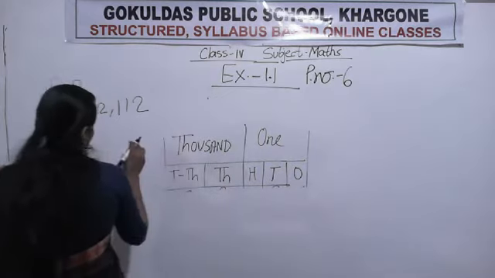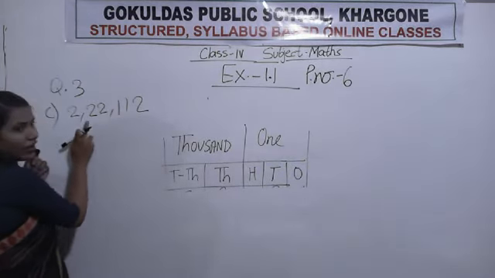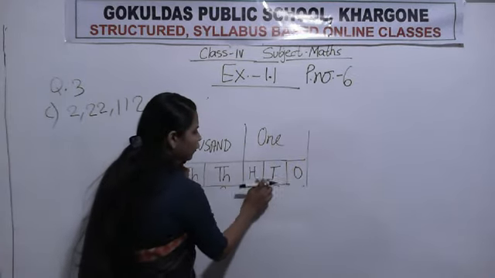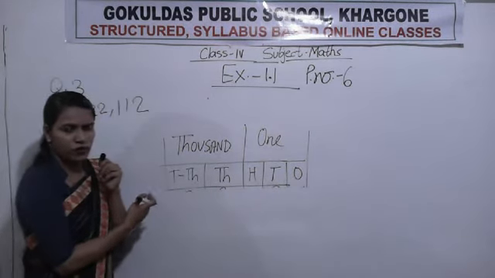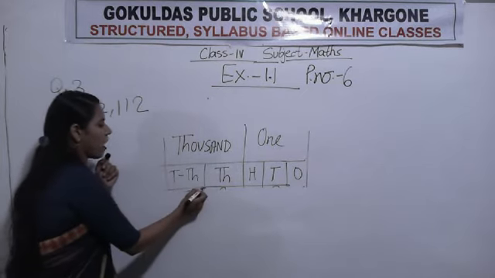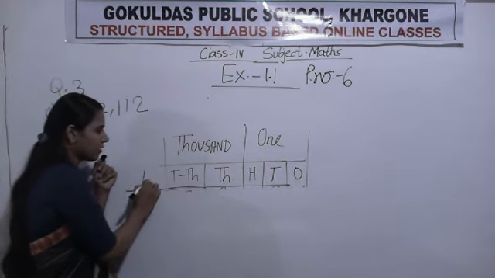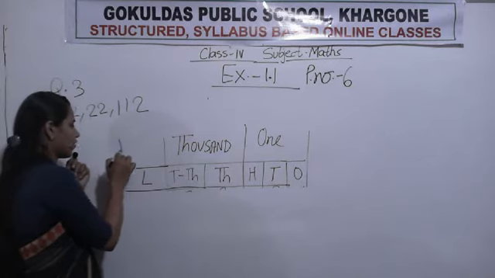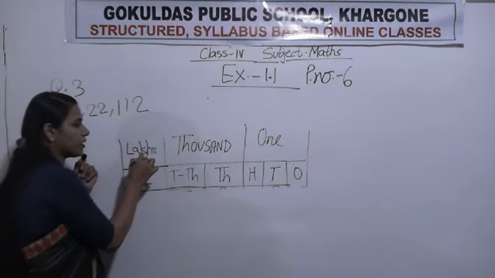See how many digits are there: count 1 2 3 4 5 and 6 digits. Our place value chart is only for 5 digits, so make it for 6 digits. What comes to the left of the 10,000 place? Lakhs place comes. So this lakh will come in which period? It will come in the lakhs period.